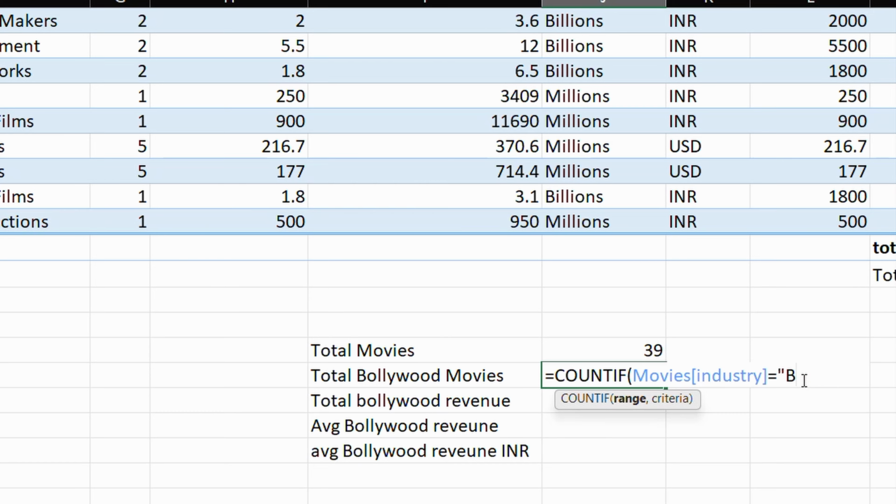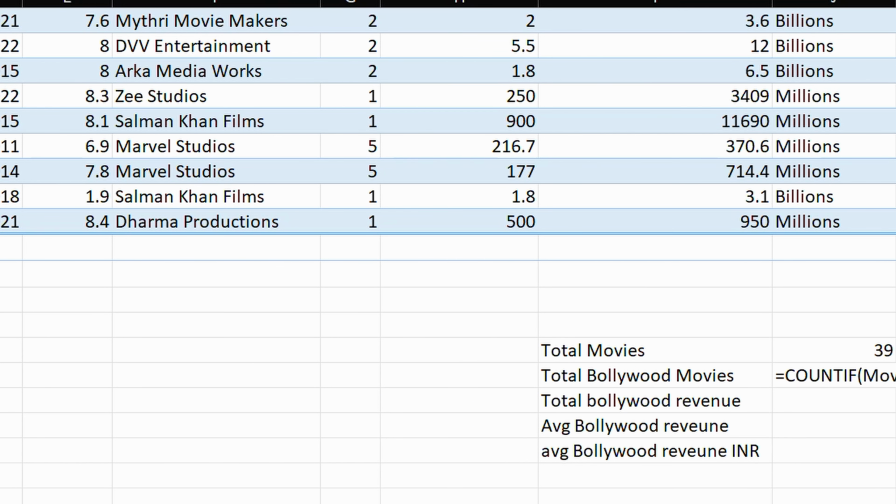So in this formula, you have to do a slight modification because we don't have to write the equal to here. Just press this one, and after that, if you press enter, you will get 18. The total 18 is the total Bollywood movies.